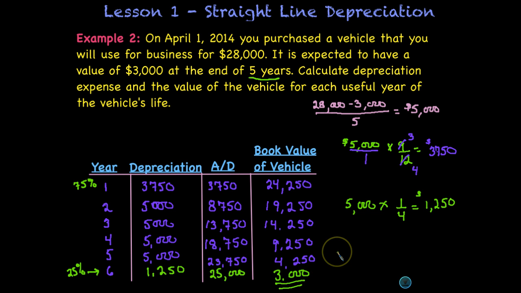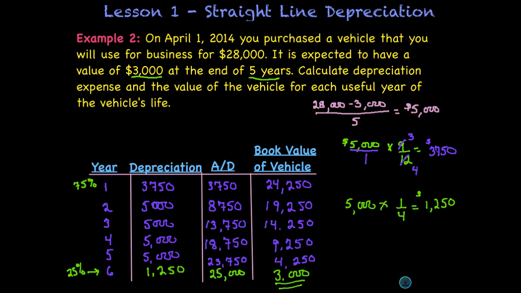All right, why isn't that 0? Shouldn't I have depreciated my vehicle all the way down to 0? Well, hopefully you remember that we have a salvage value of $3,000. It's expected to be worth $3,000 at the end of 5 years, at the end of its useful life. So I know I've depreciated it correctly when I get down to the end and my vehicle that I purchased is worth my salvage value.